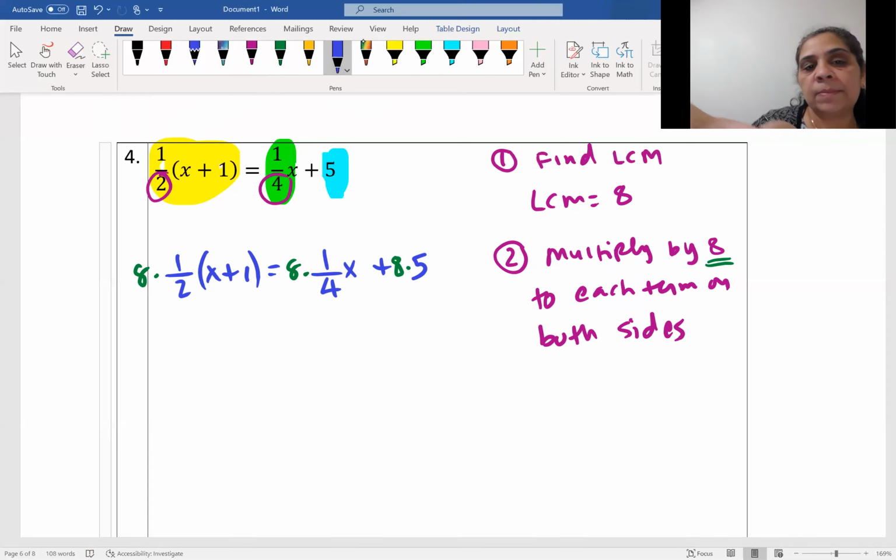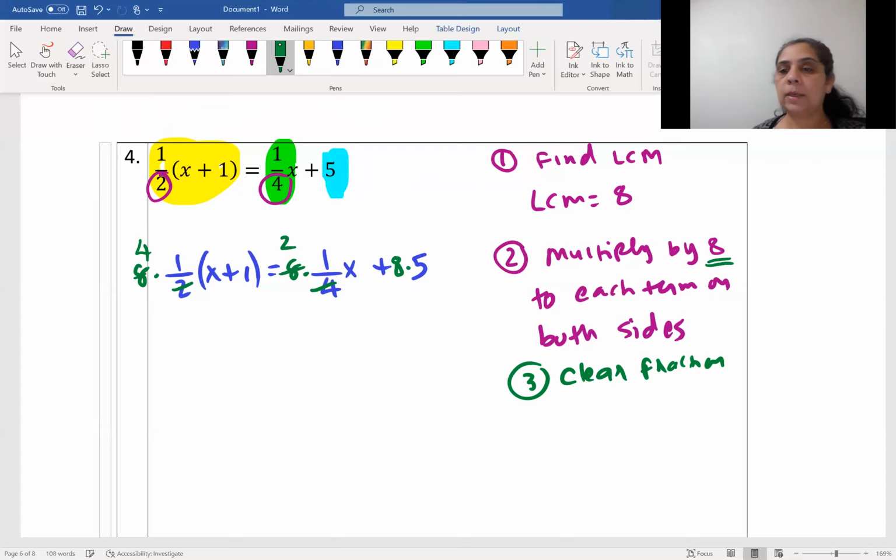Next step is you will clear fraction. So here we have 2, we have 8, right? So we can reduce this fraction. We have 4, and here 4 times 2 is 8. Now we can just simply write down whatever we have left over.